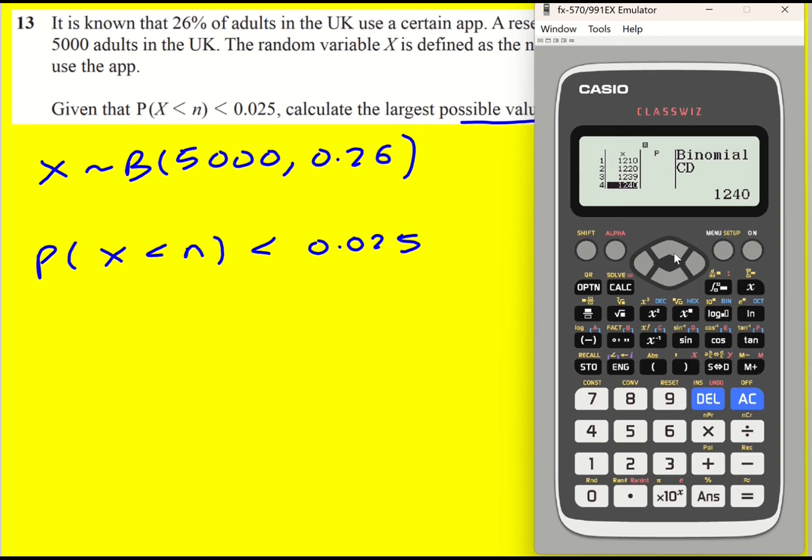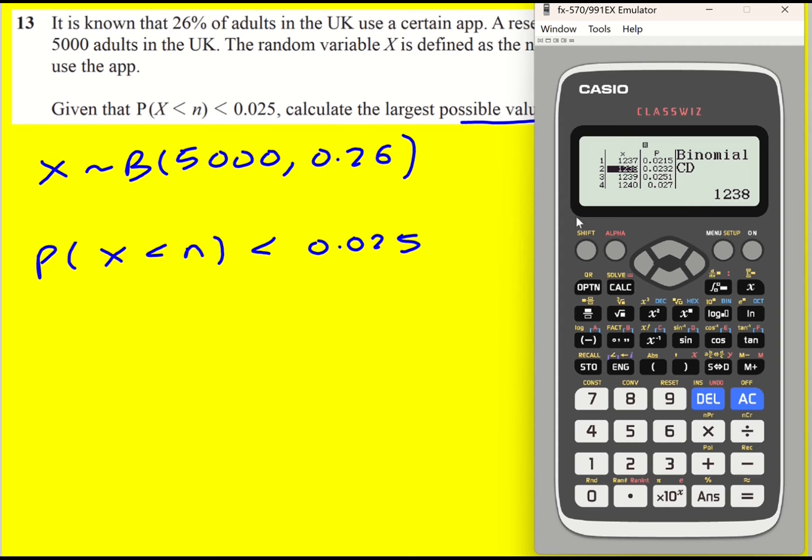1,239, 1,238, 1,237. And there we have it. This is where the crossover is occurring.